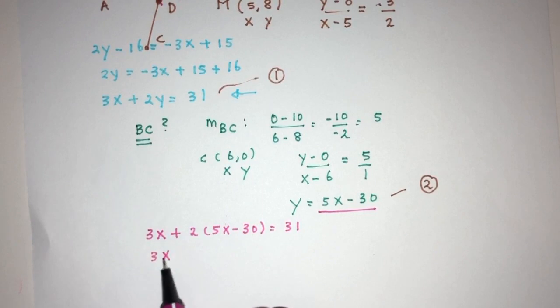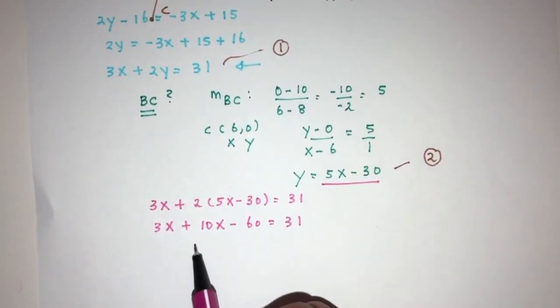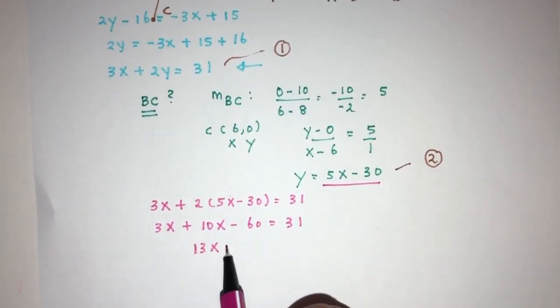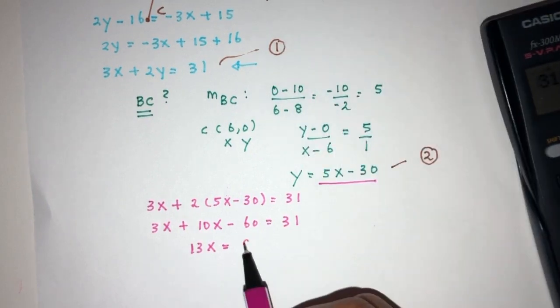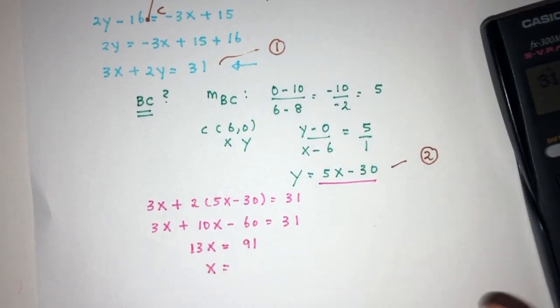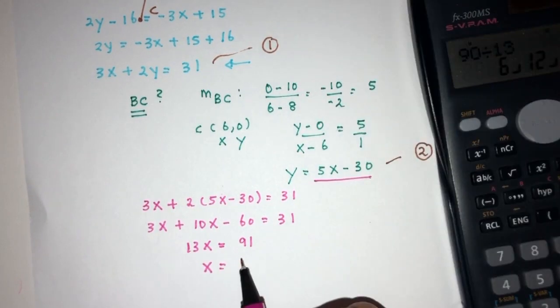So 3x plus 10x minus 60 has to be 31. Simplify, that will be 13x equals 31 plus 60, that will be 91.